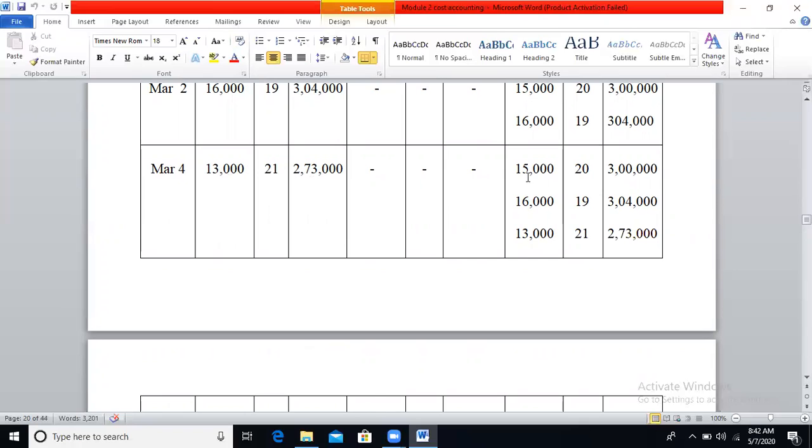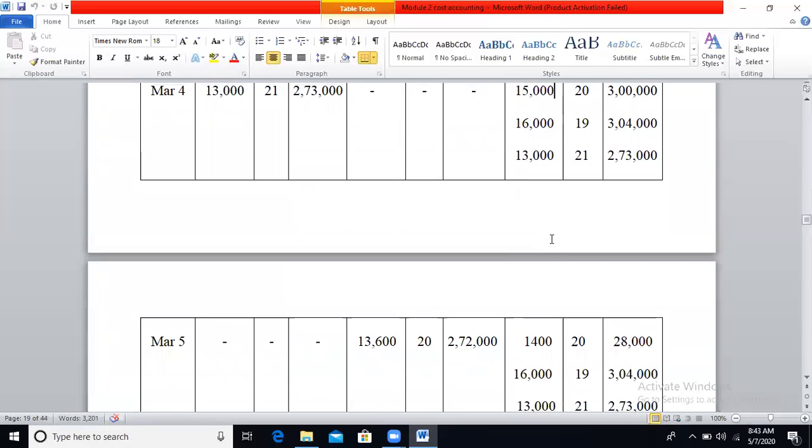So see the balance. Still we are having opening balance of 15,000 units at rupees 20. The total value will be 3 lakh. The first purchased units of 16,000 units at rupees 19. The total value will be 3,04,000. And the new purchase, that is 13,000 units at rupees 21. The total value will be 2,73,000.